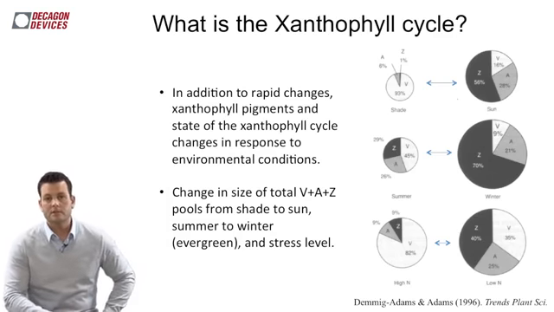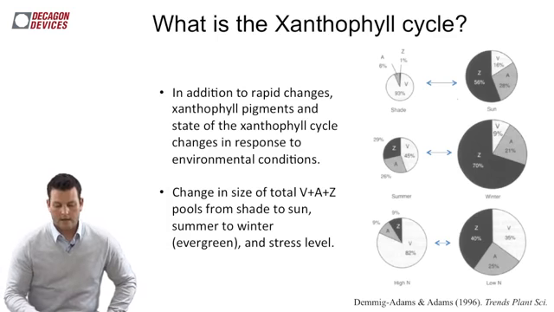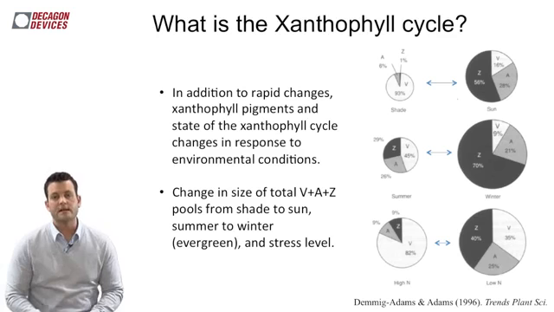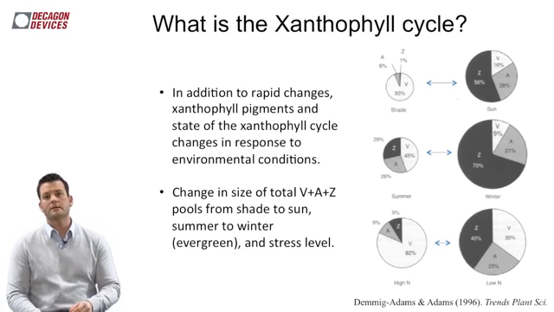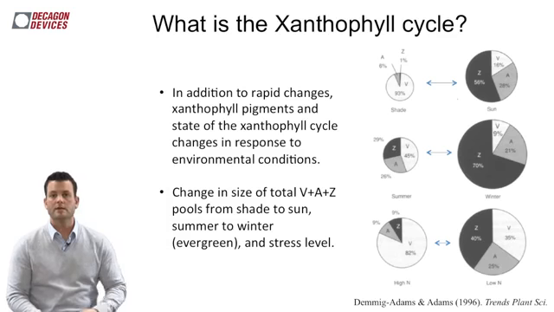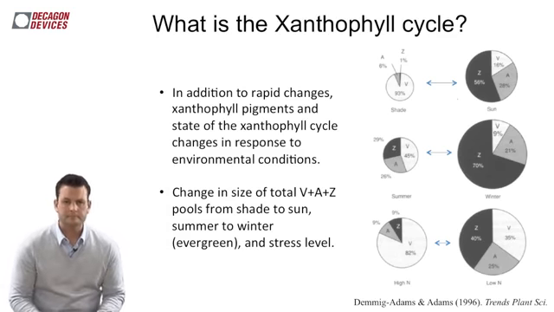So you can see that the plant invests resources into increasing the pool size of xanthophylls, and you'll see that there's a larger fraction of the xanthophyll zeaxanthin than either of the other two, indicating that there's a high requirement for photoprotection.